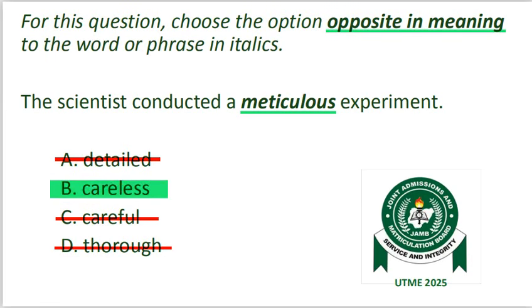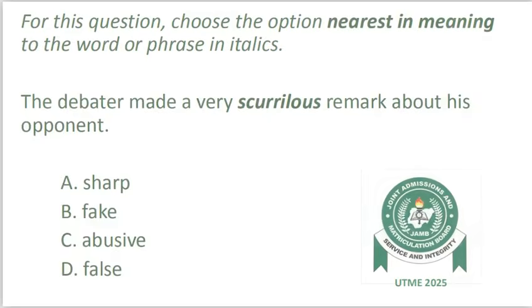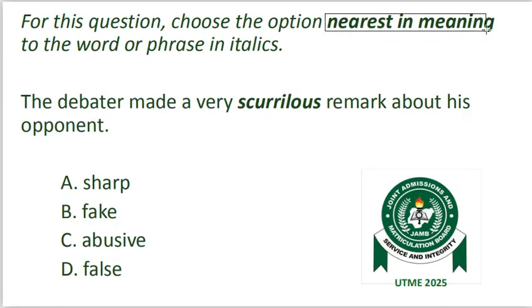The next question. For this question, choose the option nearest in meaning to the word or phrase in italics. This one is based on synonyms. Nearest in meaning. The debater made a very scurrilous remark about his opponent. A. Sharp.